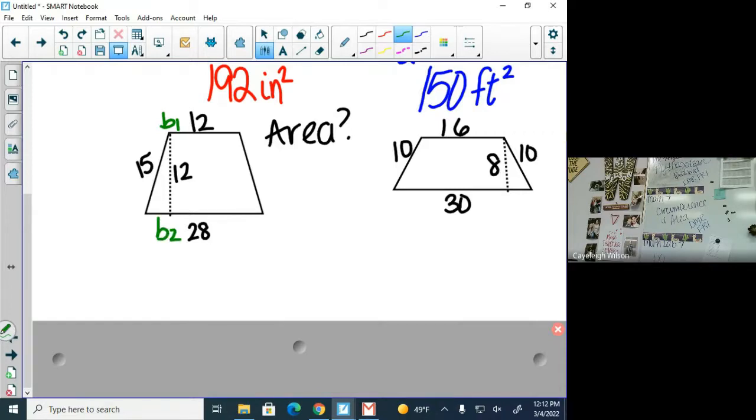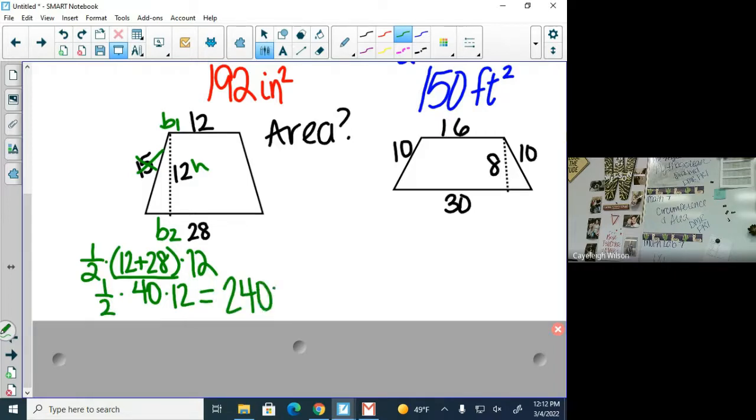And Emma, what's my height? 12. 15's there to mess me up. So 1/2 times base 1 plus base 2 times height. So 12 plus 28, that's 40. So 1/2 times 40 times 12, that's 240 units squared.